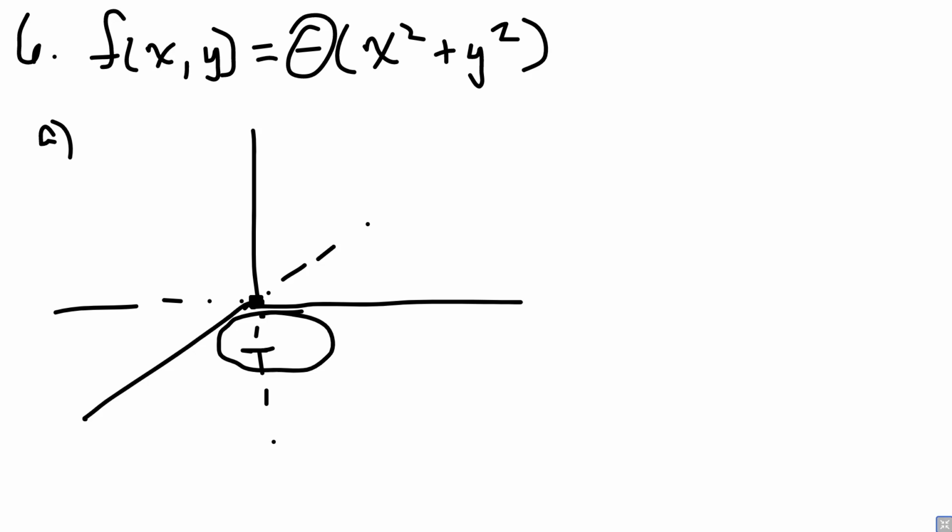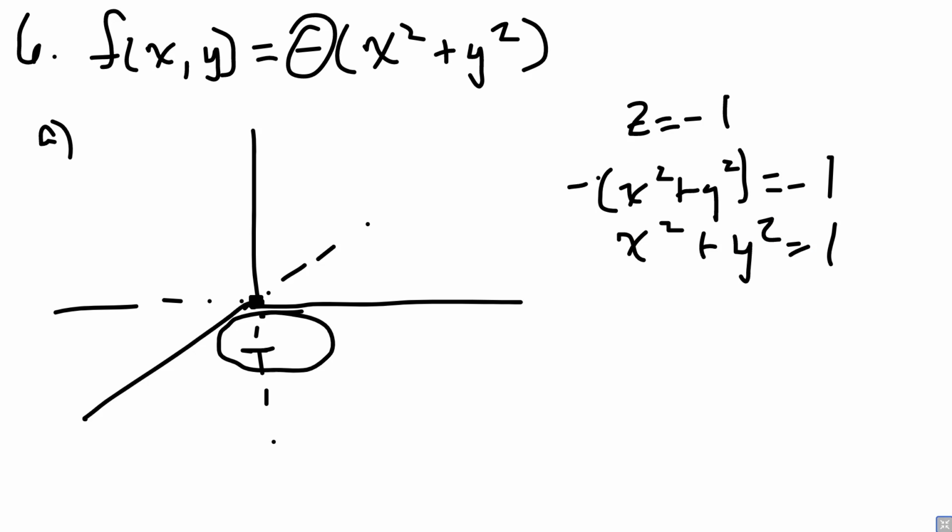As we go down in the values of z, say z is -4, what's going to happen to the circles? If z is equal to -1, we have negative of x squared plus y squared is equal to -1, so x squared plus y squared is equal to 1.